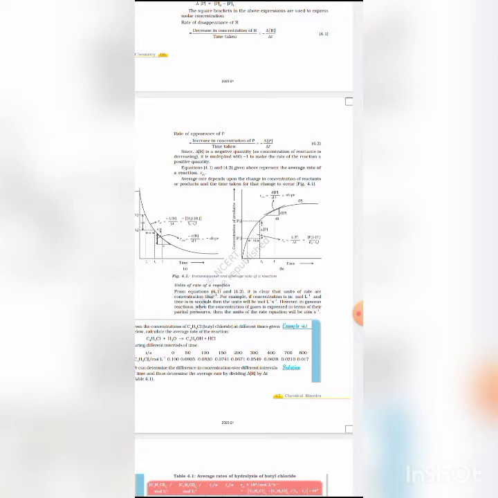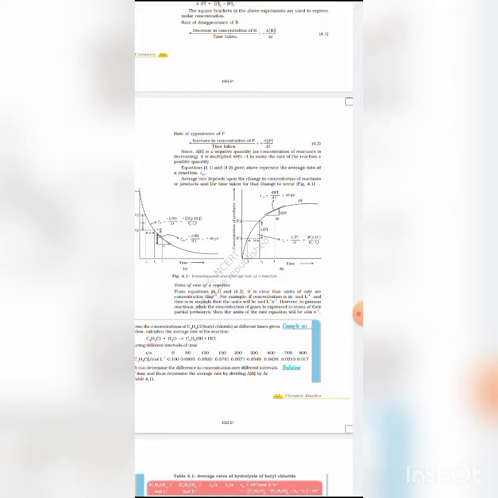Concentration of reactants is an important factor also. Rate of reaction is directly proportional to the concentration of reactants. If the concentration of the reactant increases, the rate of reaction also increases.